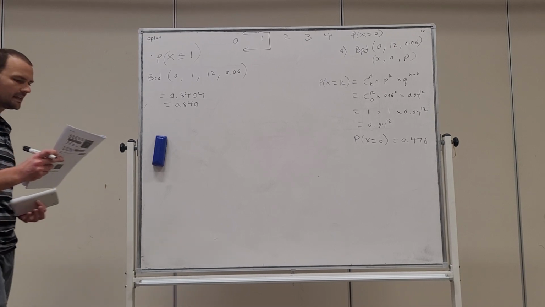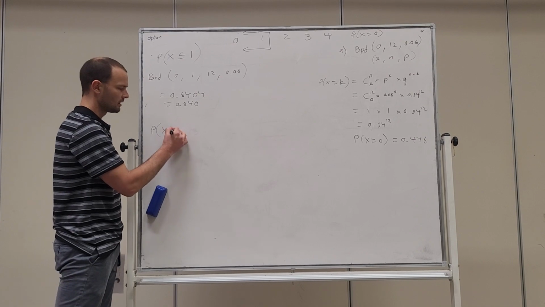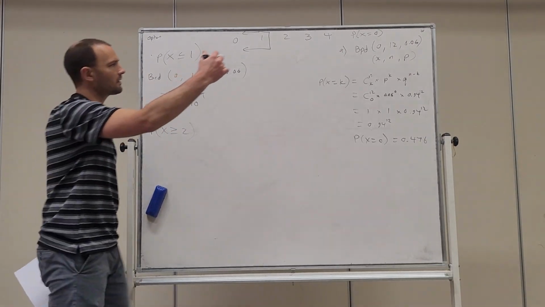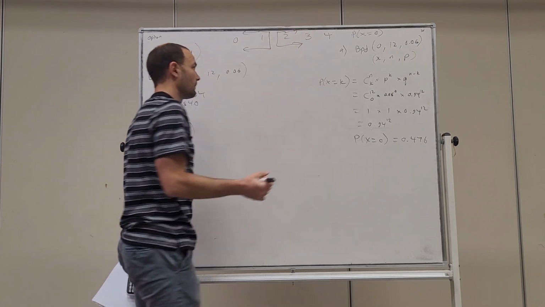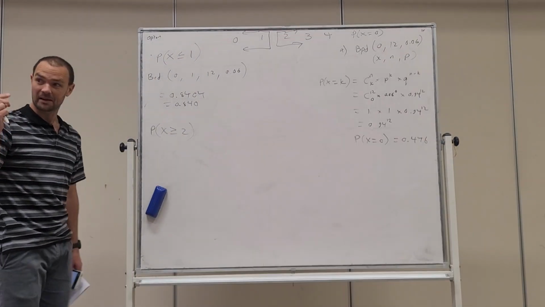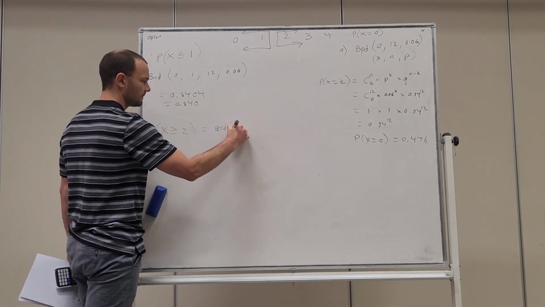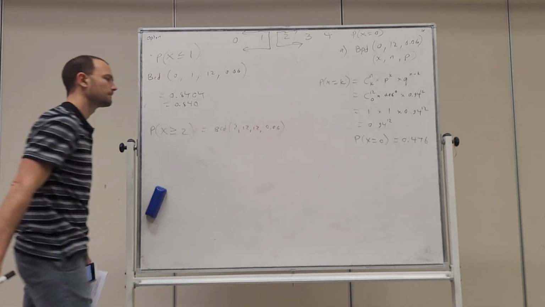Part C, at least 2. Okay, at least 2. This is the probability of it being 2 or more, right? That's the probability of this event. Now, there are 2 ways we can calculate it based on what we found already. We can go, yep, that's BCD from 2 to 12 out of 12, probability 0.06.